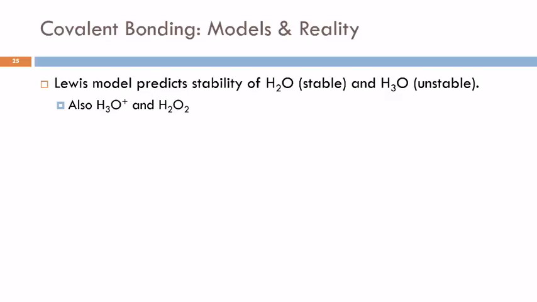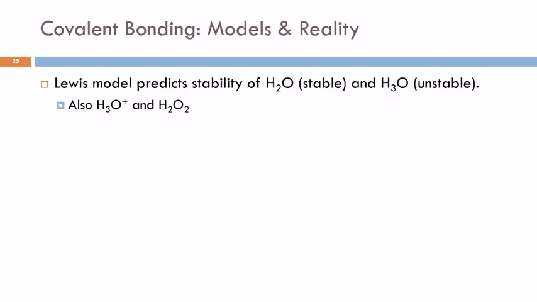Okay, so covalent bonding. One of the purposes of bonding models is to predict and explain what we actually observe. So the Lewis model can help us to predict the stability of molecules. We're going to look at water, which we know to be stable, and we're going to look at H3O, which is unstable.